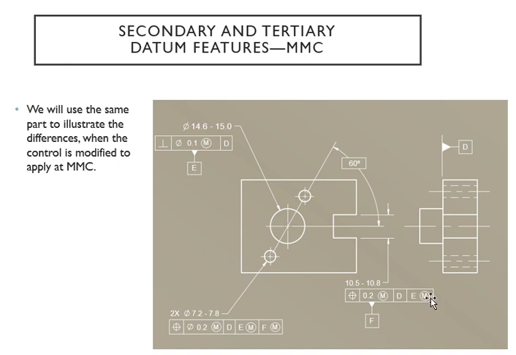So E has an MMC, then F has an MMC. When you put it here in the control frame, you know that there's a maximum material condition with that tolerance, which is written there for you. And that's a 0.2, and that little diameter is right here, 0.2.